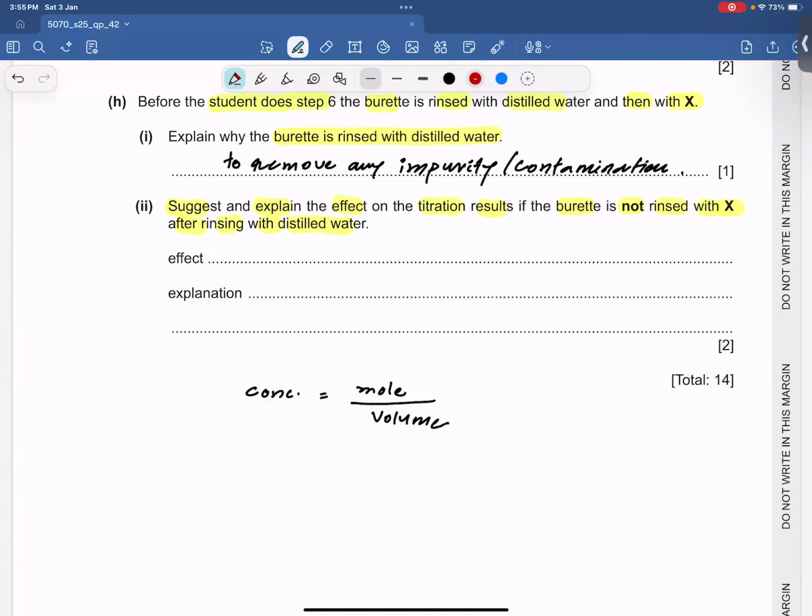If the burette is rinsed only with distilled water, then it makes the solution dilute. And if the solution is dilute, obviously it lowers the concentration.